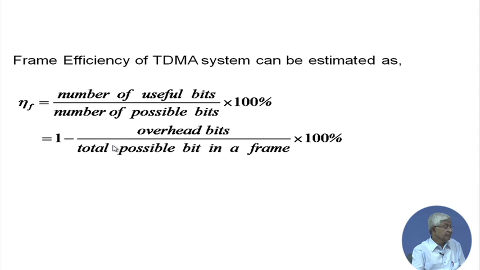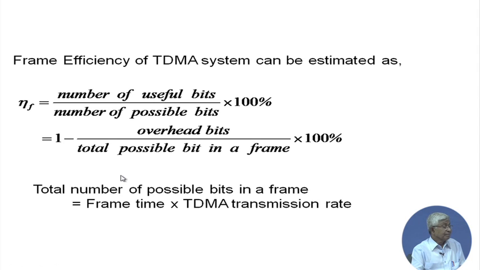So it can be expressed as 1 minus the overhead bits over the total possible bits in a frame. The total number of possible bits in a frame is the frame time multiplied by the TDMA transmission rate. So if the total frame time is known and the TDMA transmission rate is known, then you can find the total number of possible bits, that is the denominator.